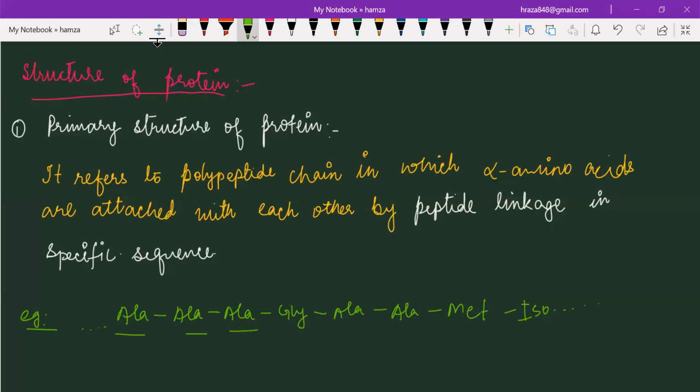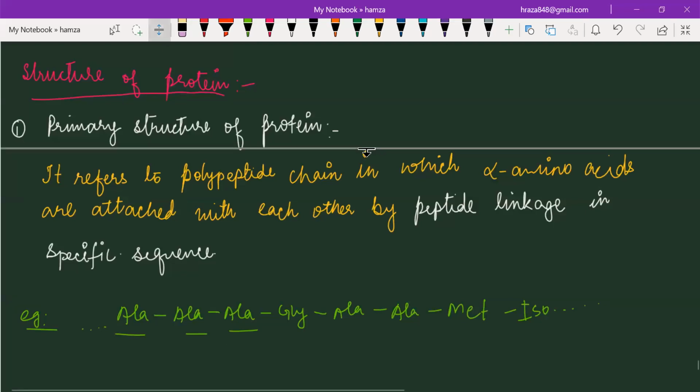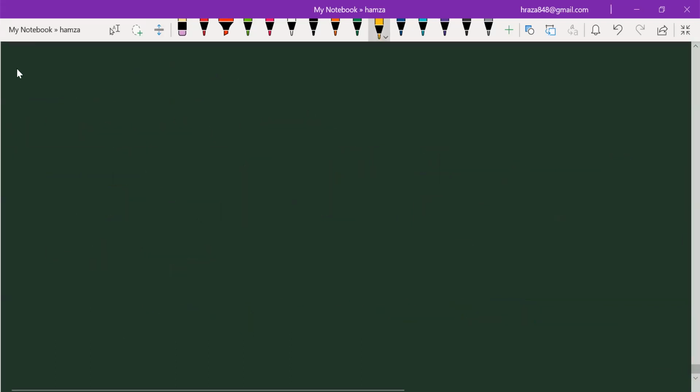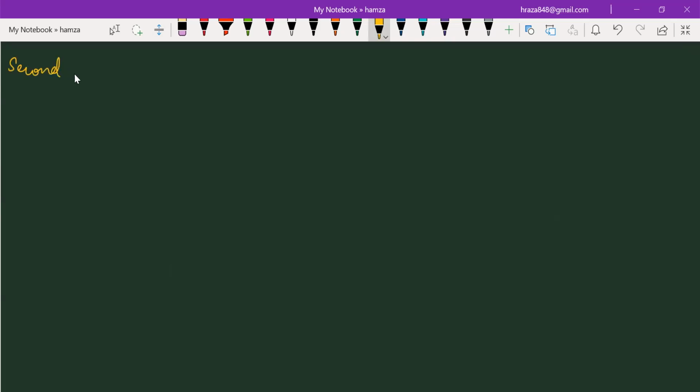Now, see, we are going to talk about the next, that is the secondary structure of protein. I will show you the structure of protein. So I'm going to define it.